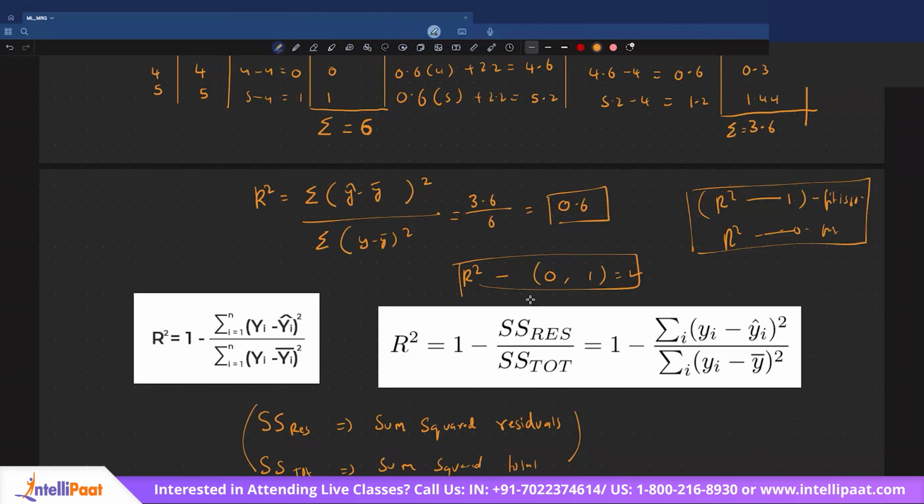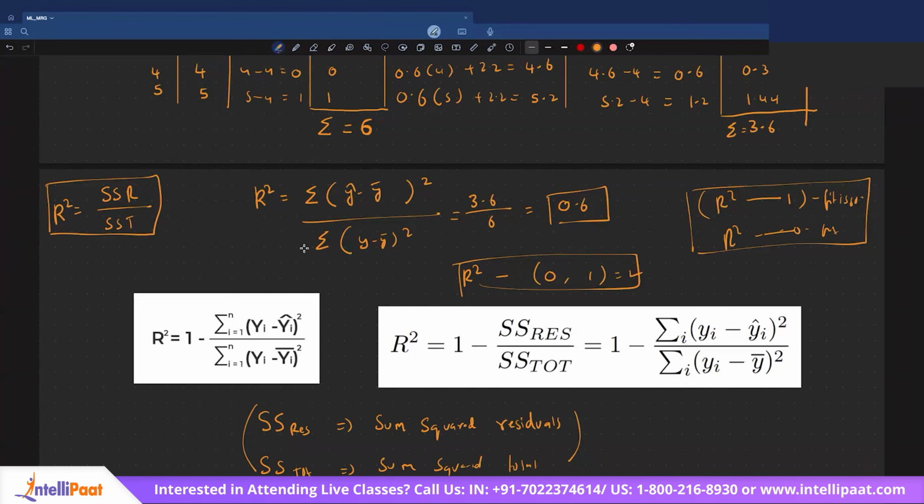The formula that I have given you, here r square is nothing but sum of squared residuals divided by sum of squared total. You have to think of it like this. In r square, the calculation can be expanded in multiple different forms, like sum of square residuals by sum of square residuals plus sum of square error.